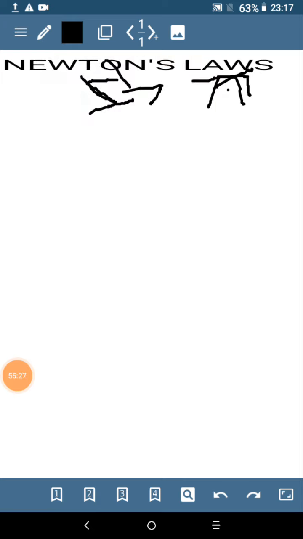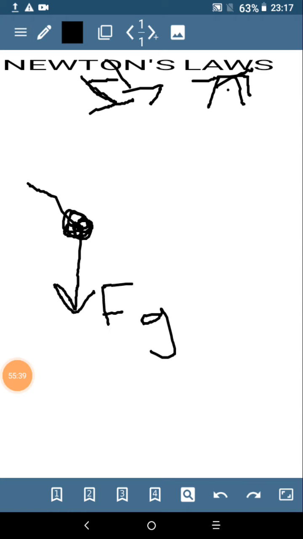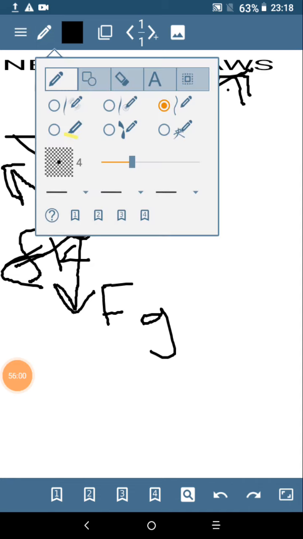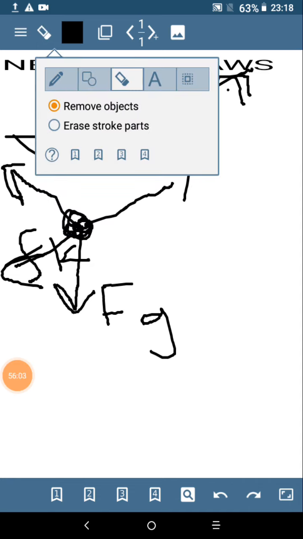So if we were to draw the free body diagram first with no components of weight, you will be having Fg there, your normal force, your tension, and your friction there, Fk. So your free body diagram will be something like this, but it will be much more beautiful than mine because we will be using a ruler. I'm only using a free hand here.